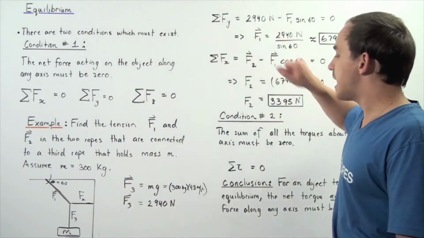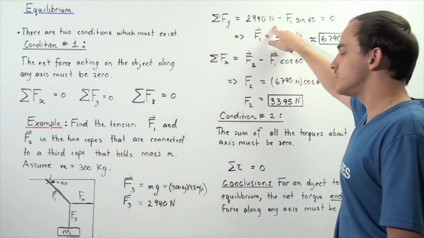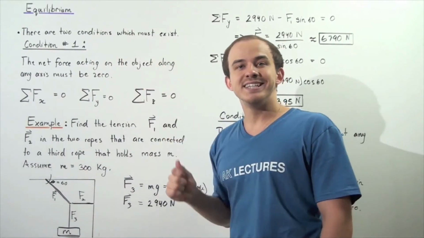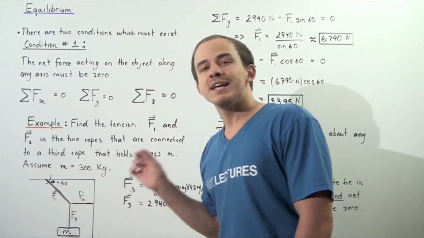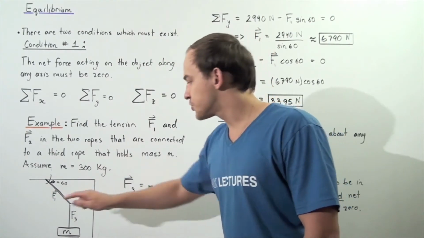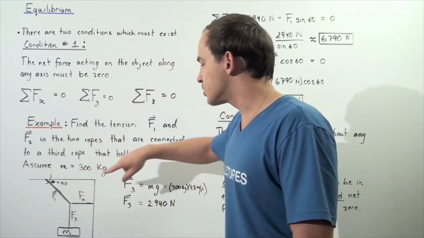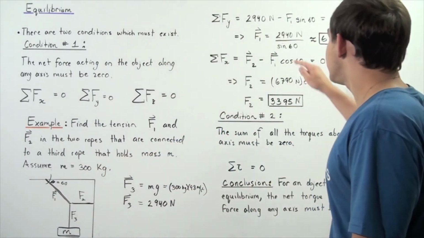So we have force F3, which we found to be 2,940 newtons, and the other force that points upward, in the negative direction, is the component of force 1 that points along the y-axis. So it's F1 multiplied by sine of the angle 60.